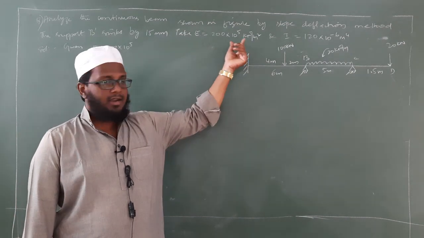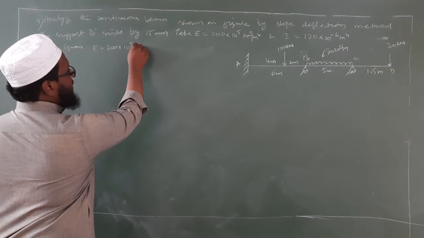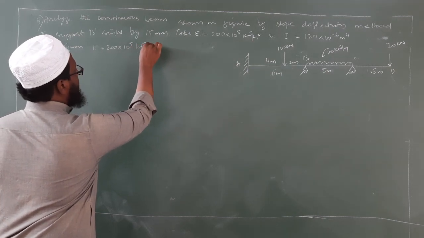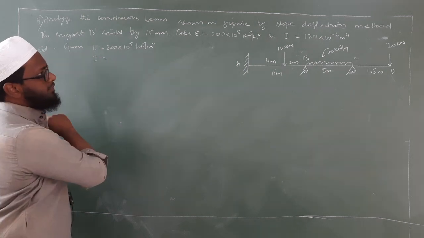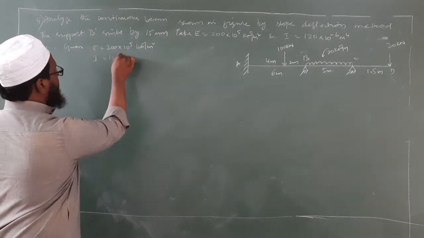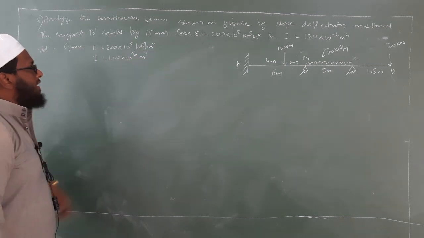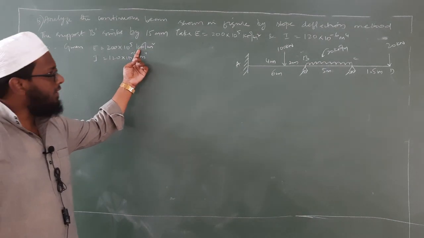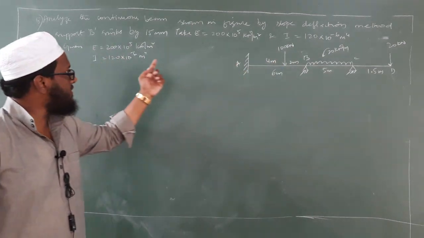E is 200 into 10 power 5 kilonewton per meter square, and I is 120 into 10 power minus 6 meter power 4. See here, load is in kilonewton, here also loads are in kilonewton. Distance is in meters, here also distance is in meters.